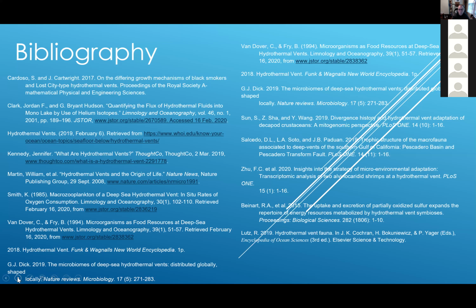There's a lot to go over here, but for the most part, they all talk about the organisms that are living there, the different kinds of vents, what they produce and push out for the organisms to use, and how the organisms interact with each other. And that's hydrothermal vents.